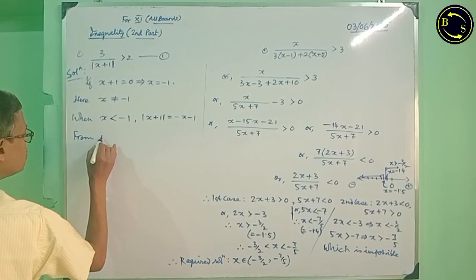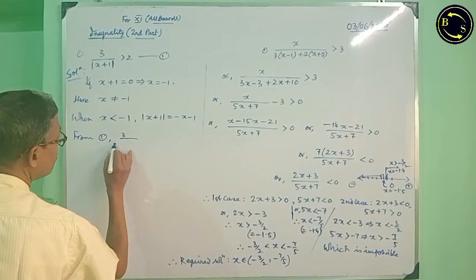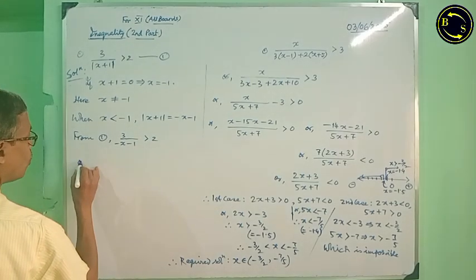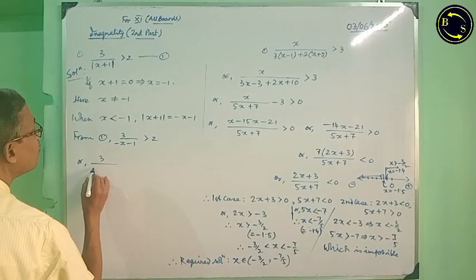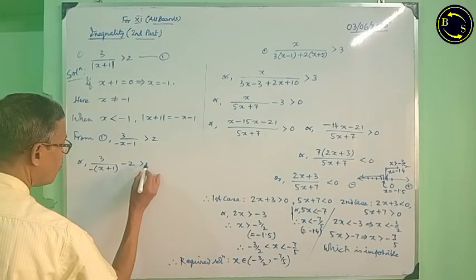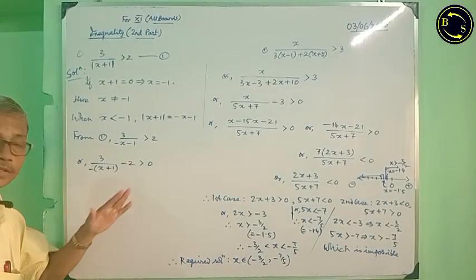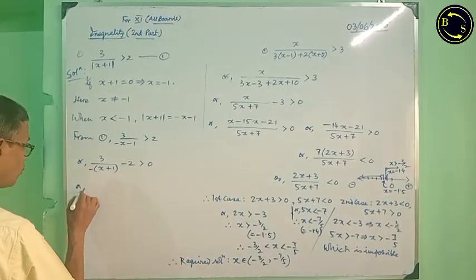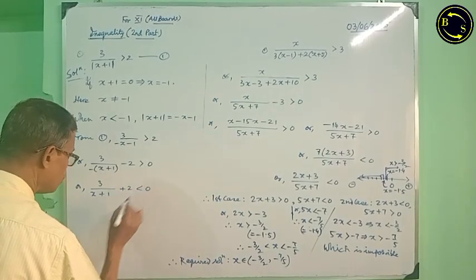From 1, 3 by minus x minus 1 greater than 2, or 3 by, now I multiply by minus 1 so that this inequality symbol will be reversed, or 3 by x plus 1 plus 2 less than 0.